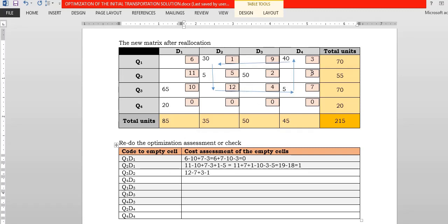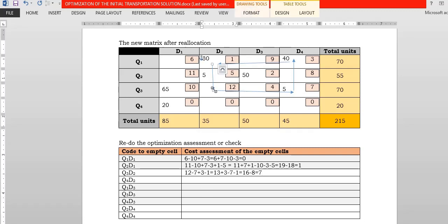Minus 7 plus 3 minus 1, which should give me 12 plus 3 minus 7 minus 1. This should give me 15 plus... 12 plus 3 is 15, minus 7 plus 1 is 8, so 15 minus 8, which is finally equal to what? To 7. Okay, so 7.